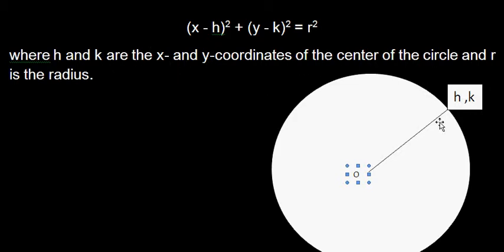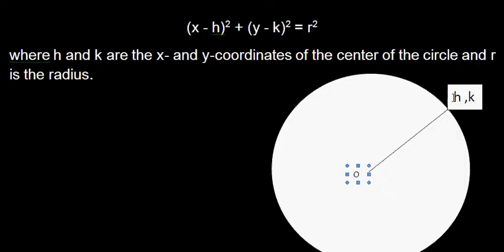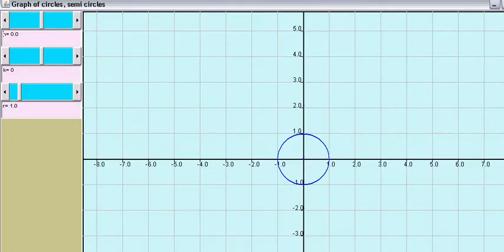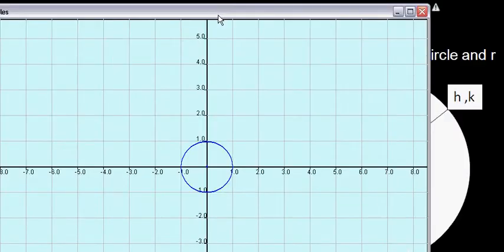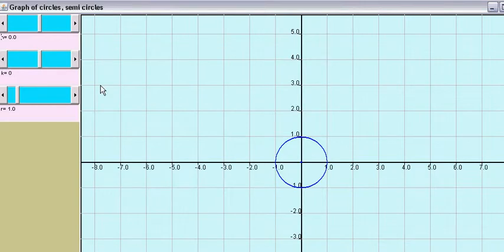So now I'm going to play with this equation a bit. What was h, I forgot. H was this coordinate, the x coordinate, and k was our y coordinate.